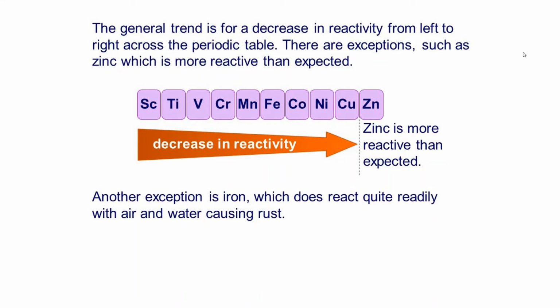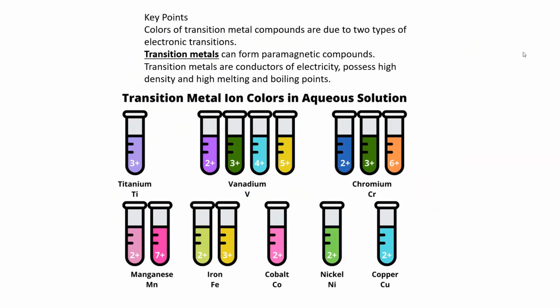Another exception is iron, which does react quite readily with air and water, causing rust. Also, transition metals can form paramagnetic compounds. The colors of transition metal compounds are due to two types of electronic transitions. Transition metals are conductors of electricity, and possess high density and high melting and boiling points.